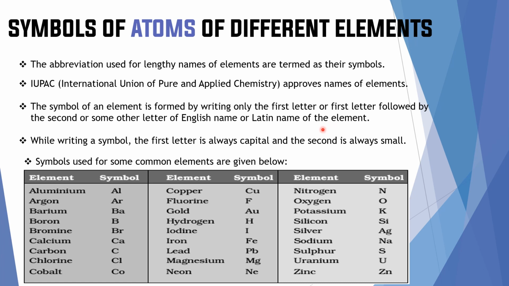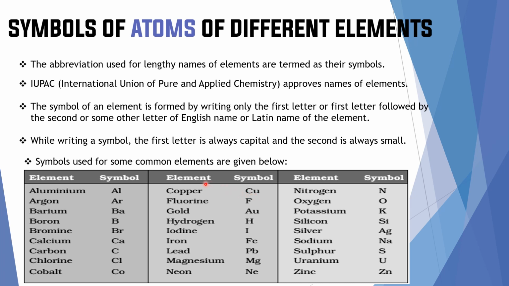Sometimes we take the first letter and sometimes the first and second letters, because some start with the same letter, for example calcium, copper and carbon all start with C. Some names are English and some are Latin. For example, copper is Cu, not Co. Its symbol is Cu because its Latin name is cuprum.